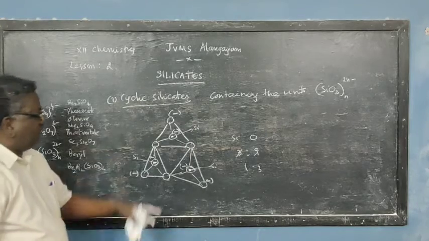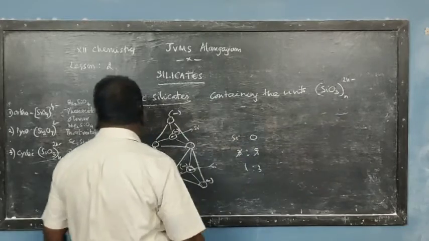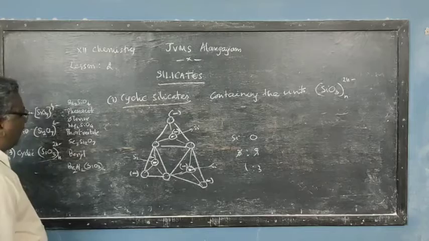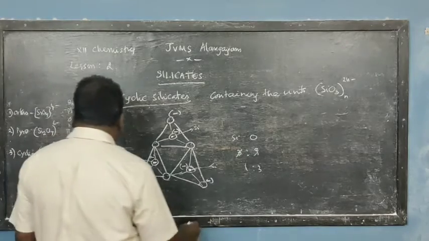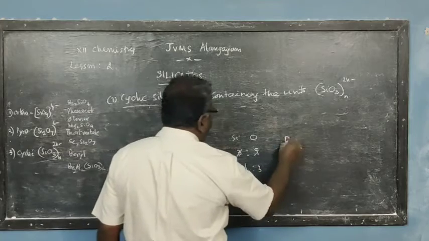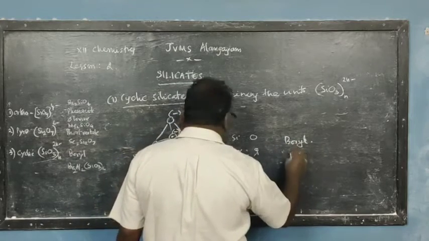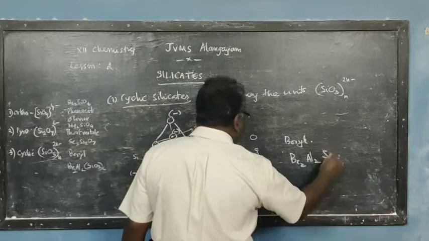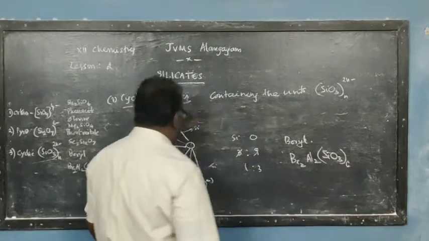So there are 3 units. So 2 into 3, how many minus charge? 6 minus charge, right? And for this, we take the example of beryl. Beryl cyclosilicate, whose molecular formula is Be3Al2(SiO3)6, right?